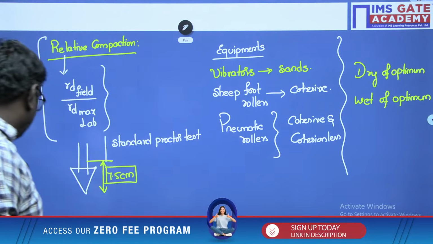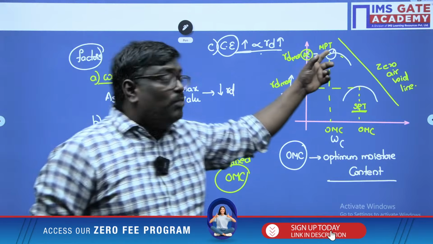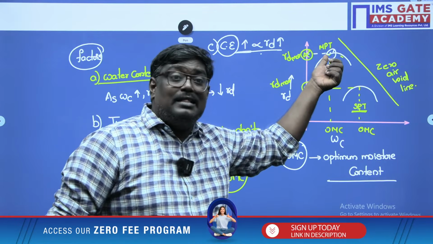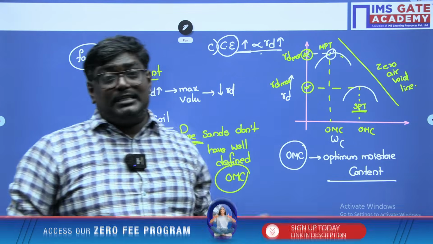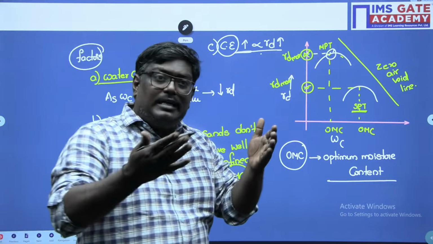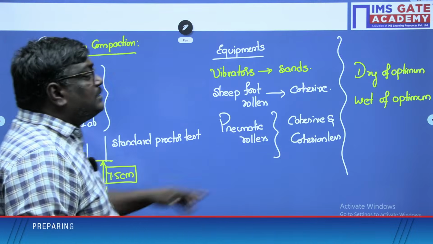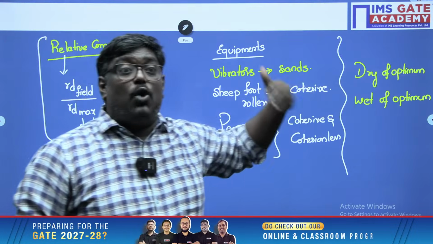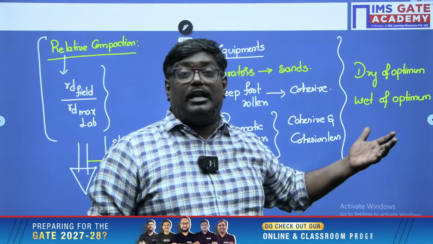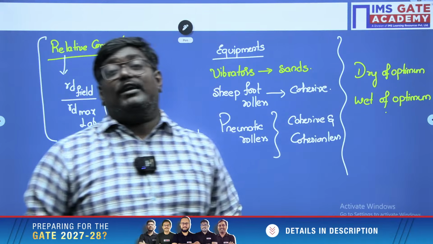What is OMC? The water content at which the dry density is maximum. So if the water is less than the water required for OMC, then we call it dry of optimum. If the water content is more than the amount of water required for OMC, then it is wet of optimum.